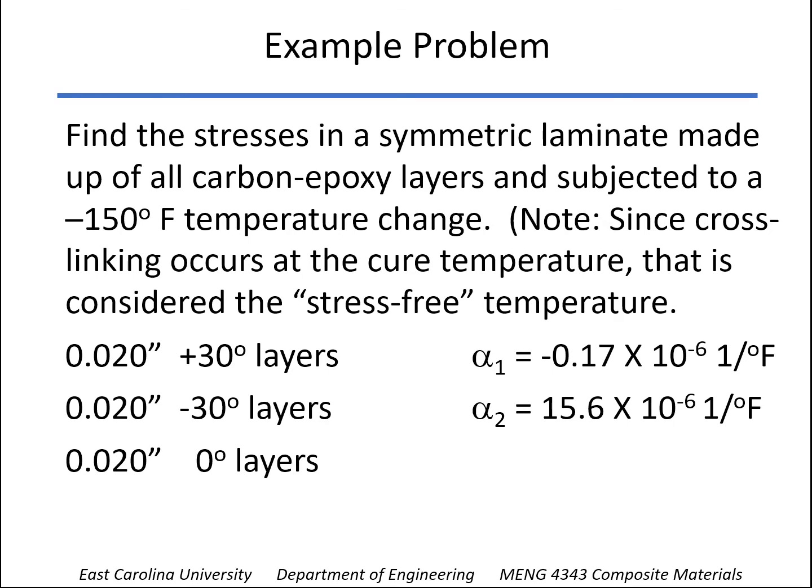Whereas in the transverse direction, alpha 2, it's over 15 times 10 to the minus 6, which makes sense, since the fibers are not going to contract or extend much with the temperature change, but the resin will. And for comparison, you might remember for steel, the value for alpha was about 6.5 times 10 to the minus 6, 1 over degree Fahrenheit, and for aluminum about double that. So again, these numbers are pretty small for 1 and pretty large for 2.